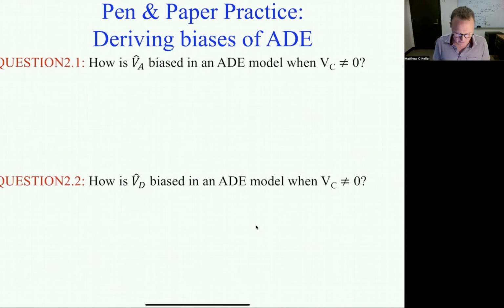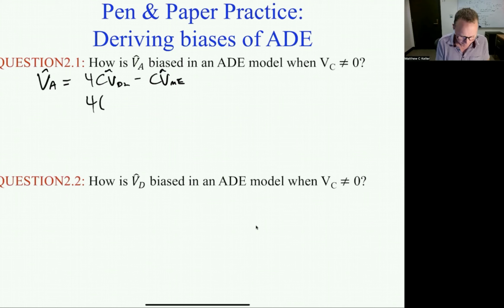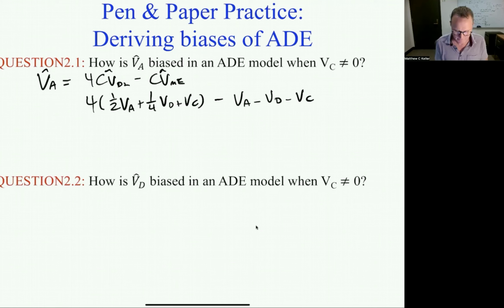All right, let's see how you did. So we know what the covariances of MZ and DZ are made up of. I won't write that down again. I will write down what our estimator of VA hat is. This should be 4 covariance DZ minus covariance of MZ. We substitute in the true compositions of these rather than the estimates. We would get 4 times a half VA plus a quarter VD plus VC, minus VA minus VD minus VC.